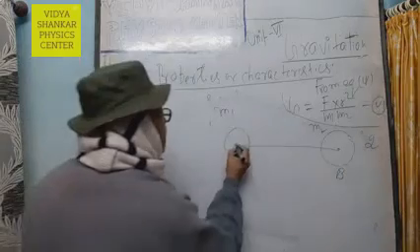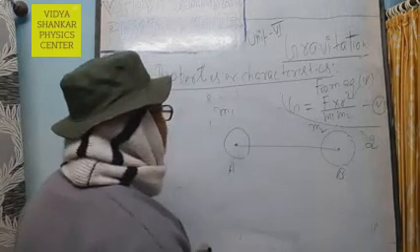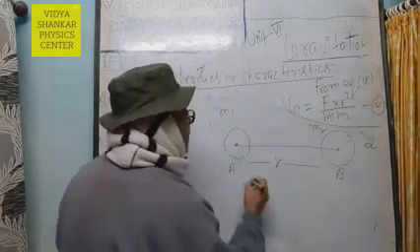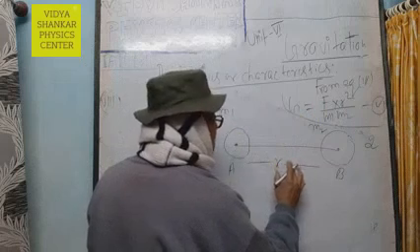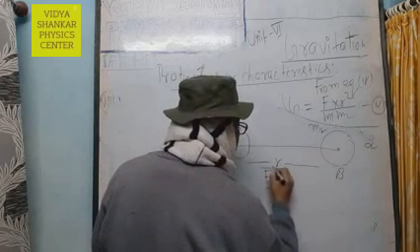Now, there is an attraction between the two bodies, at a distance small r. First, the force of action. Here is the force of action, the F21 vector.